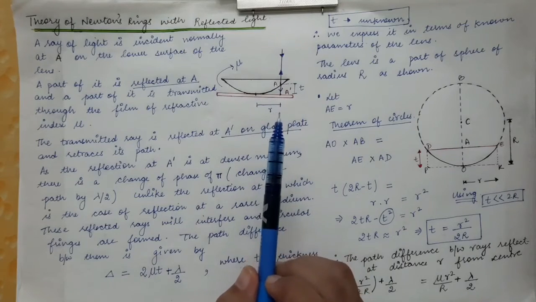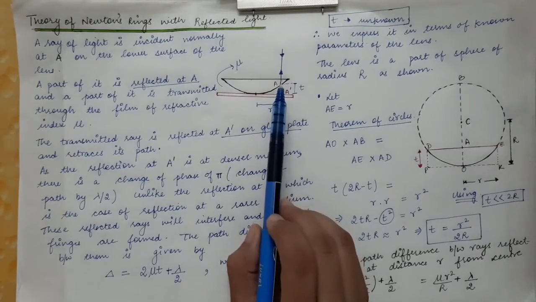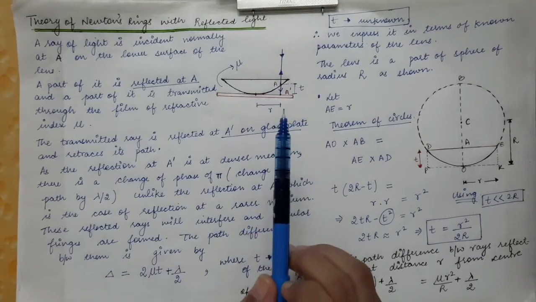So in this case the path difference will be equal to 2 mu t cos r plus lambda by 2. In the case of the thin film, in the whole derivation that we had done, we got the optical path difference equal to 2 mu t cos r minus lambda by 2, and that minus lambda by 2 was because the first reflected ray was getting reflected by the denser medium.